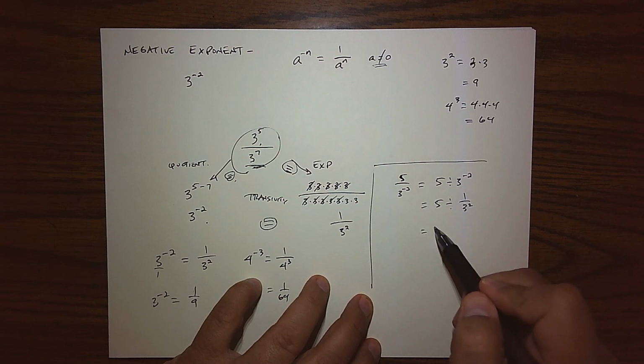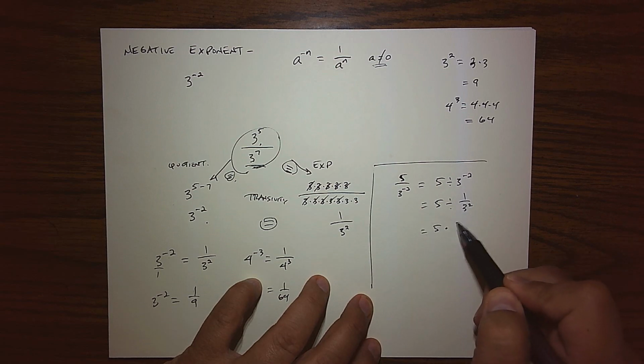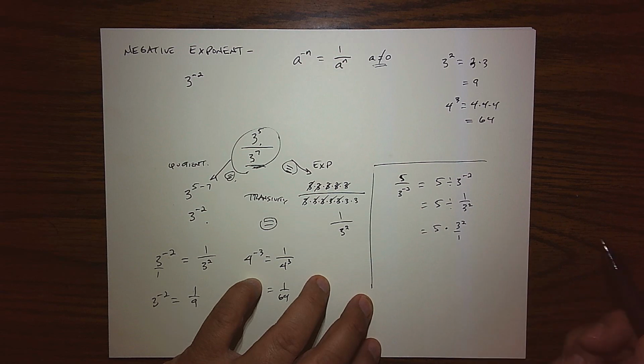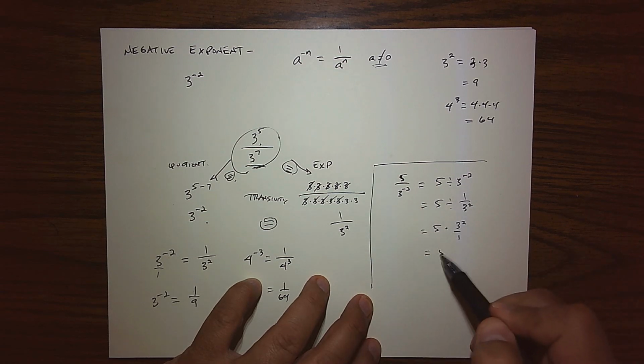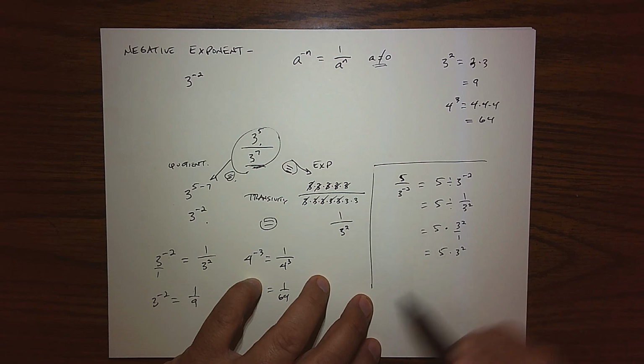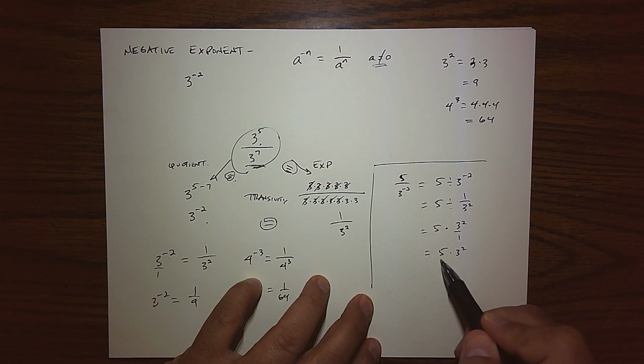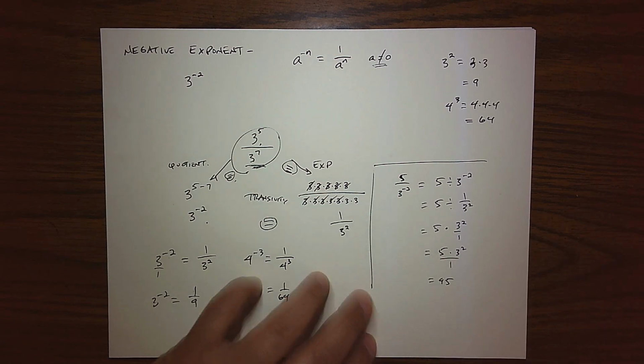And then, of course, division, this is 5 times 3 squared over 1. So we divide by multiplying by a reciprocal. So we end up getting 5 times 3 squared. And so essentially, if we already have the exponent down in the bottom, then we can basically flip it up, because notice all this is occurring up in the numerator now. I think if we continued on, that'd be 45.